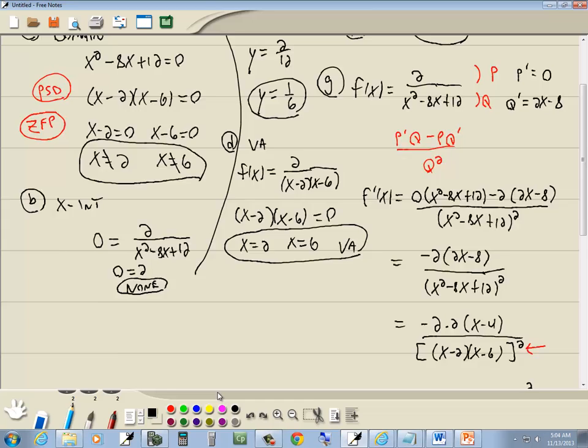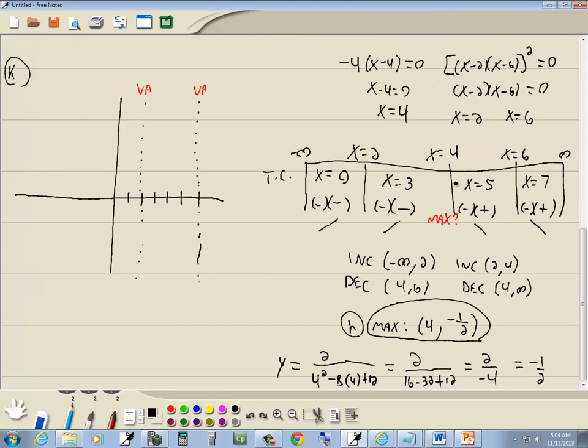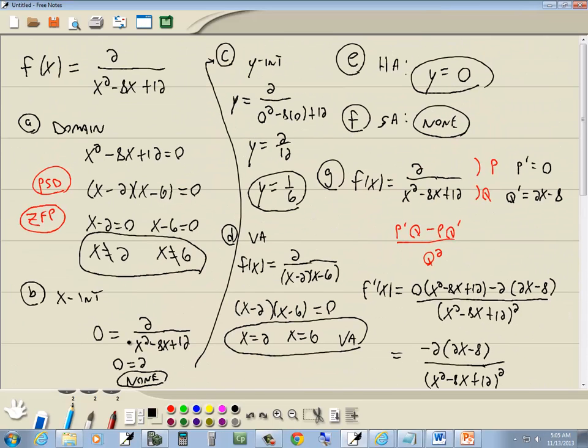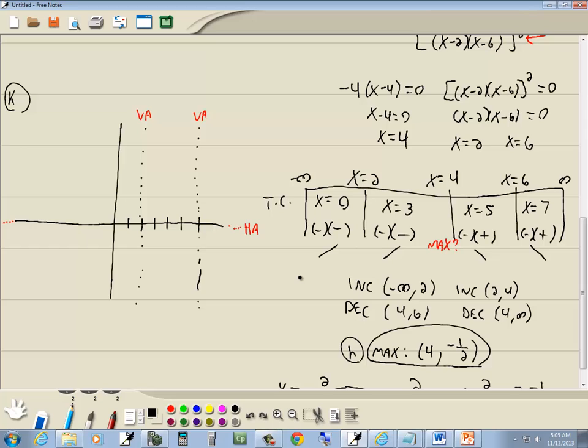Horizontal asymptote, y is equal to 0. So here's my horizontal asymptote. That's the x-axis. Now we said there was no x-intercept. Y-intercept is 1/6. So 1/6 would be right there.